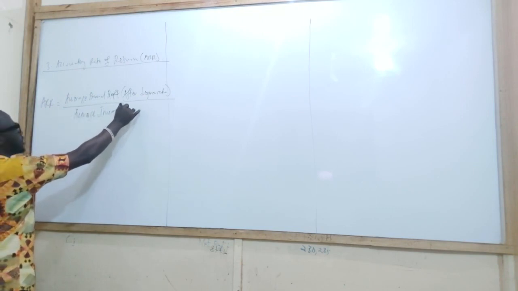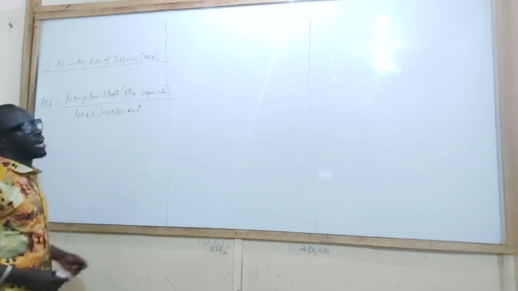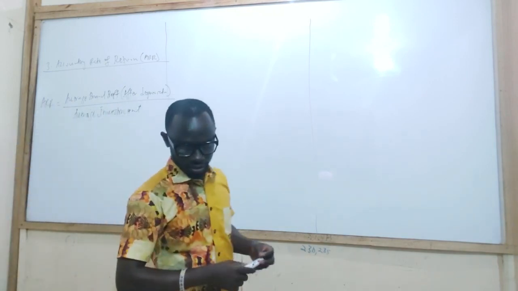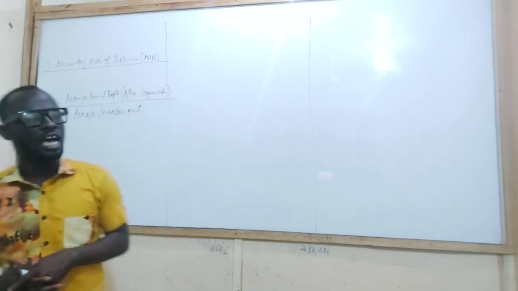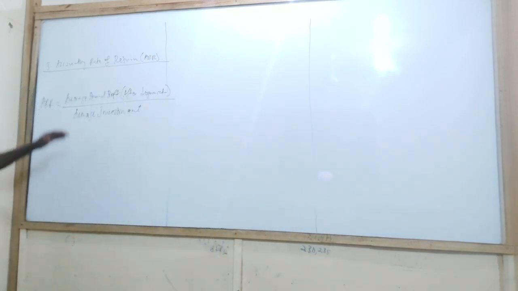Average annual profit divided by average investment. Chances are you're going to be doing workings for both. If we say average annual profit, we will come back to that.